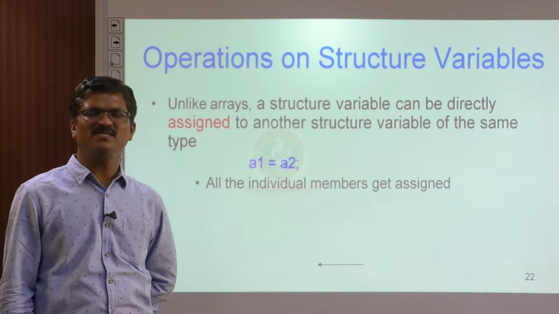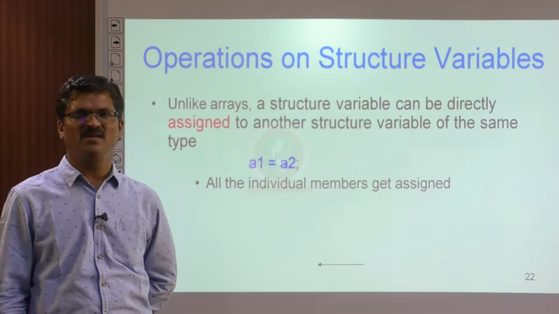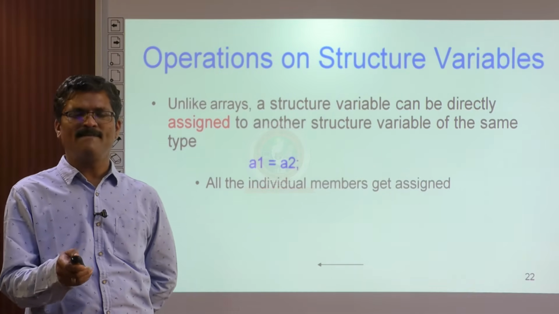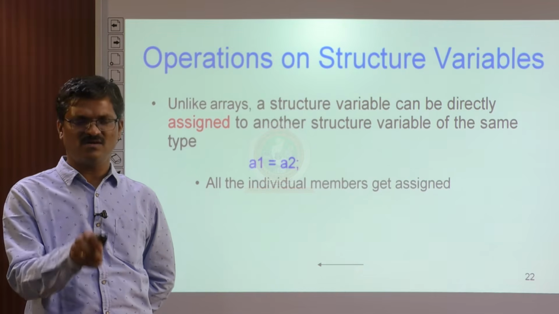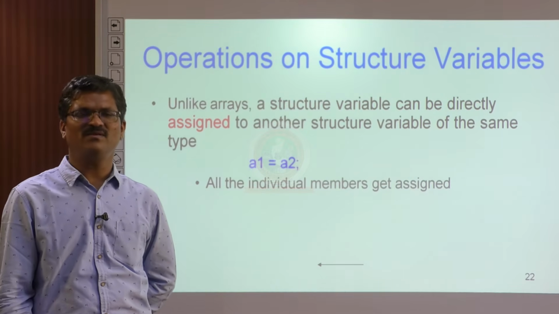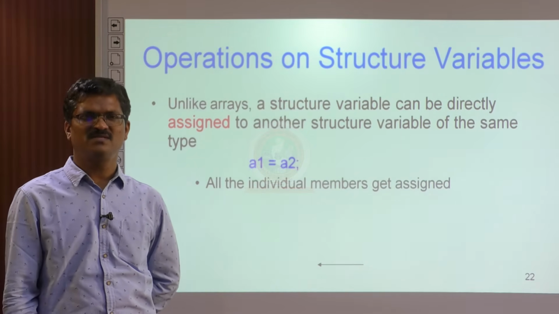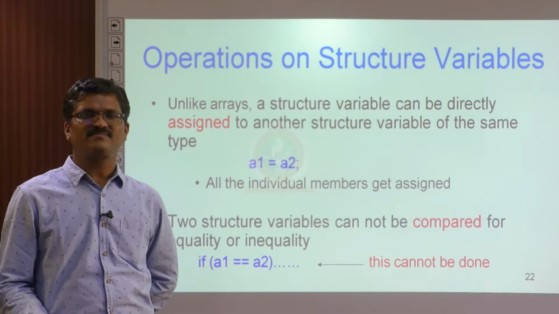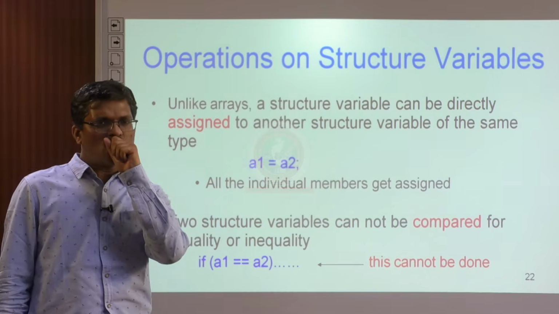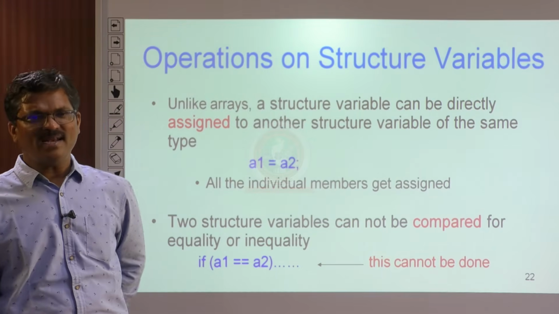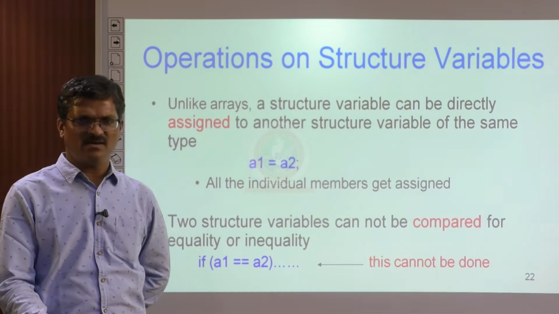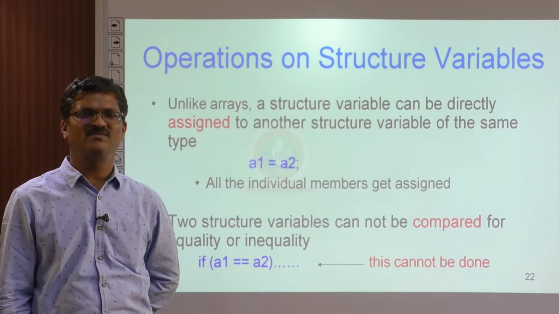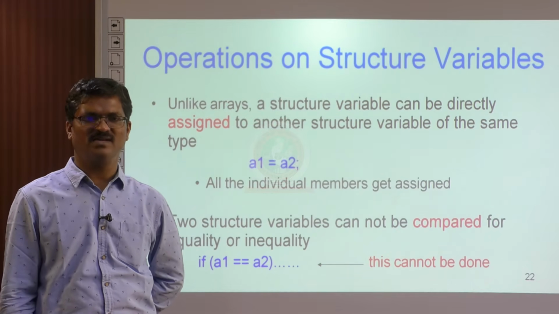So, all individual members get assigned. On this assignment, the values of all the members of A2 get copied to the members of structure variable A1. Similarly, two structure variables cannot be compared for equality or inequality.